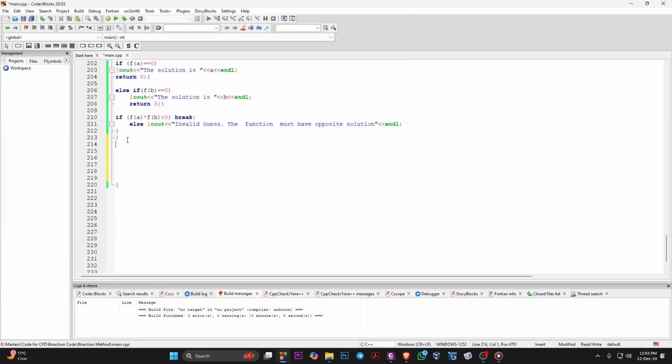My second portion, I want to take the accuracy that we want. Okay, so in that case, if f of a and f of b is less than 0, this should break my loop here and jump to this cout line.